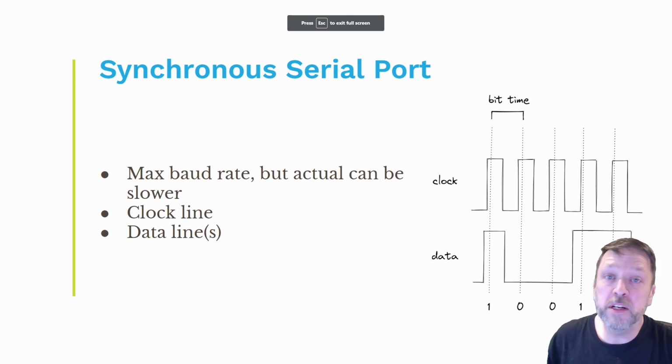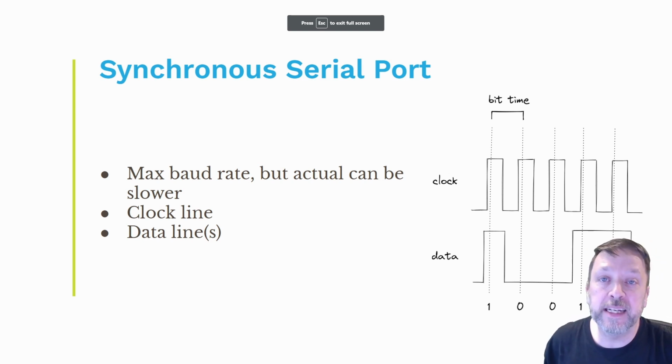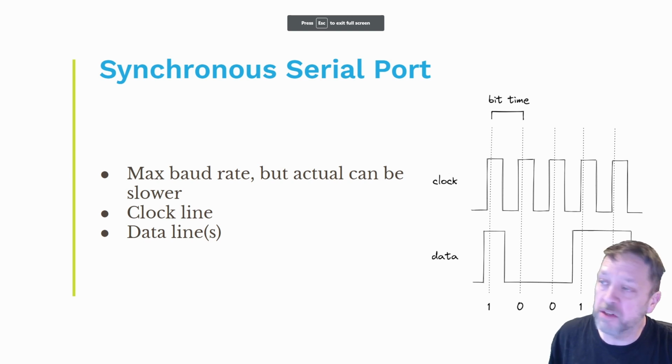You can run much, much slower than that speed because you've got a clock line, and that clock pulses, and when it goes high, whatever the data line is set at, that is the data. So it doesn't matter really how fast or slow that clock goes if it can be serviced on both ends, as long as the data line is set when the clock goes up.